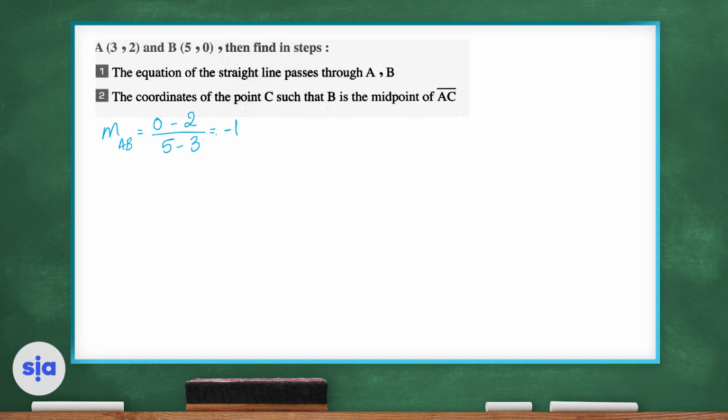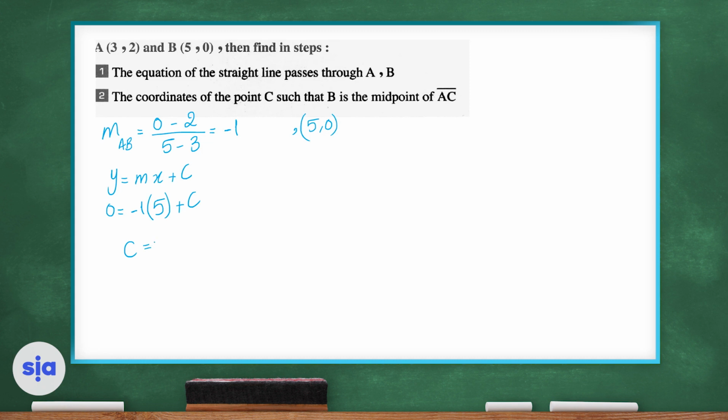We're going to choose any of the points to find c. For example, we choose point B. Then I know that the equation is y equals mx plus c. We replace x by 5 and y by 0. So 0 equals m, which is negative 1, times 5 plus c.